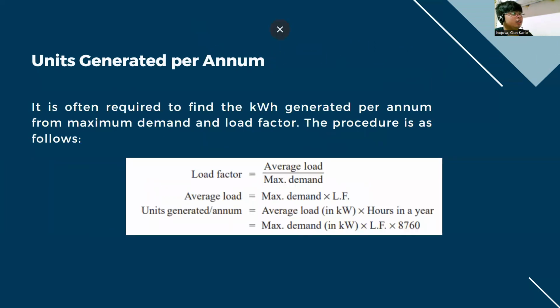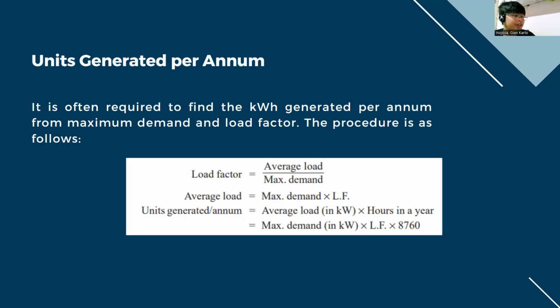So for units generated per annum, it is often required to find the kilowatt-hours generated per annum from maximum demand and the load factor. The procedure is as follows. For our load factor, since ang gamit na natin dito is generated per annum, then average load is divided by max demand. So average load natin is equals to max demand times ating load factor.